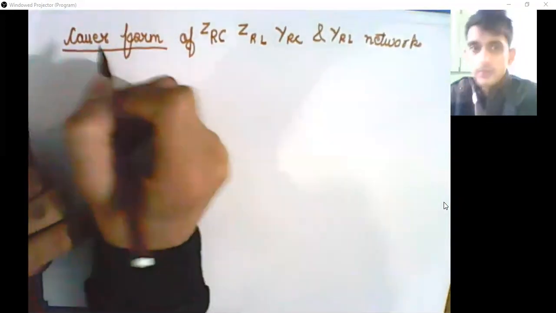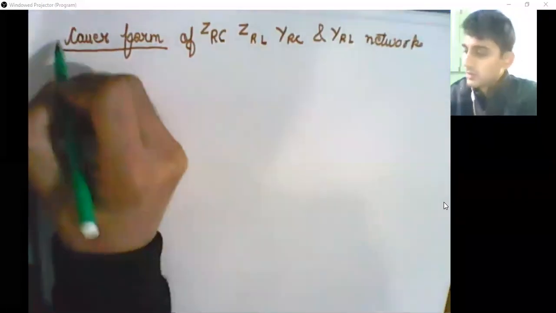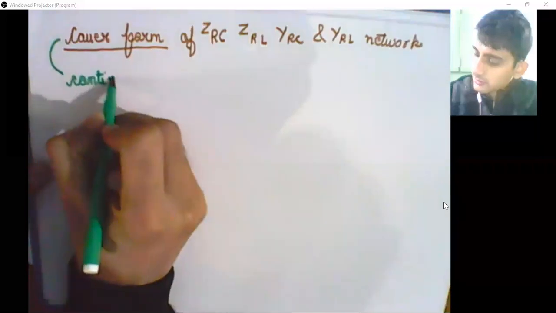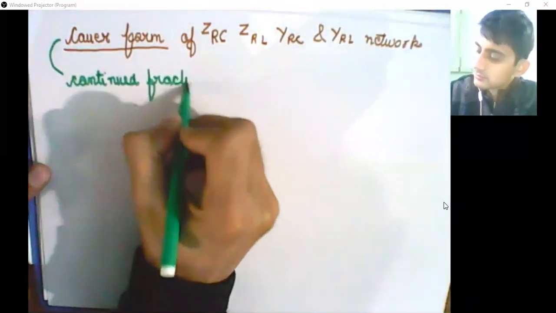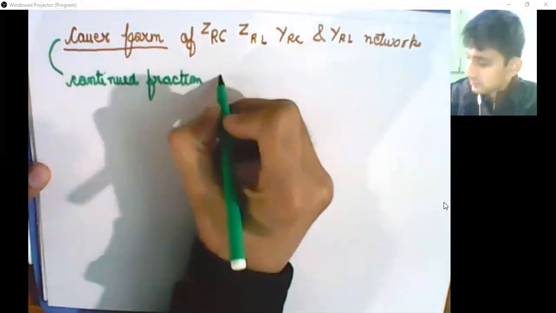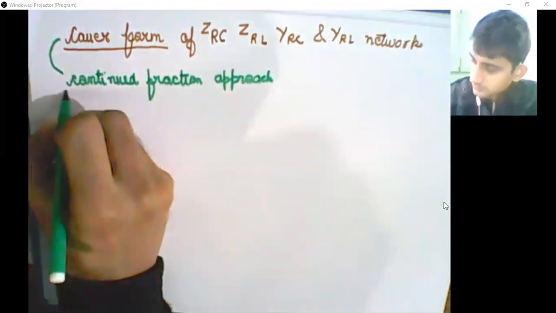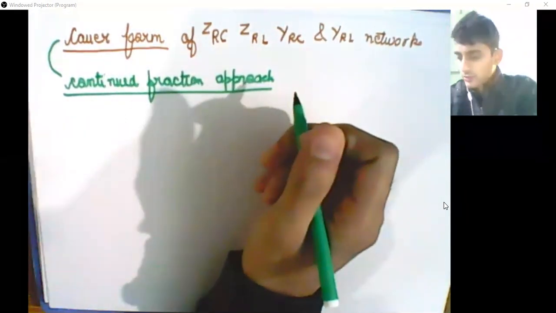Remember, when we do Cauer forms, we use the continued fraction approach.